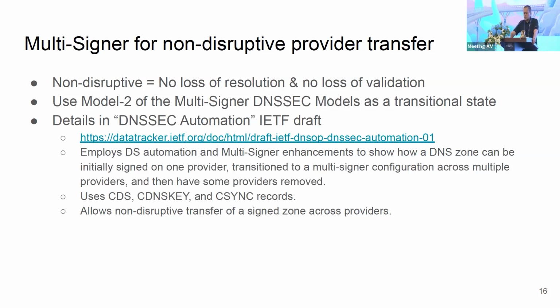And this can be achieved by deploying a transitional state of a multi-signer configuration across both the old and new provider, and at a later time, modulo TTLs and so on, detaching the old provider that's going away. So a lot of details of this are spelled out in another RFC draft that is making its way through the IETF.